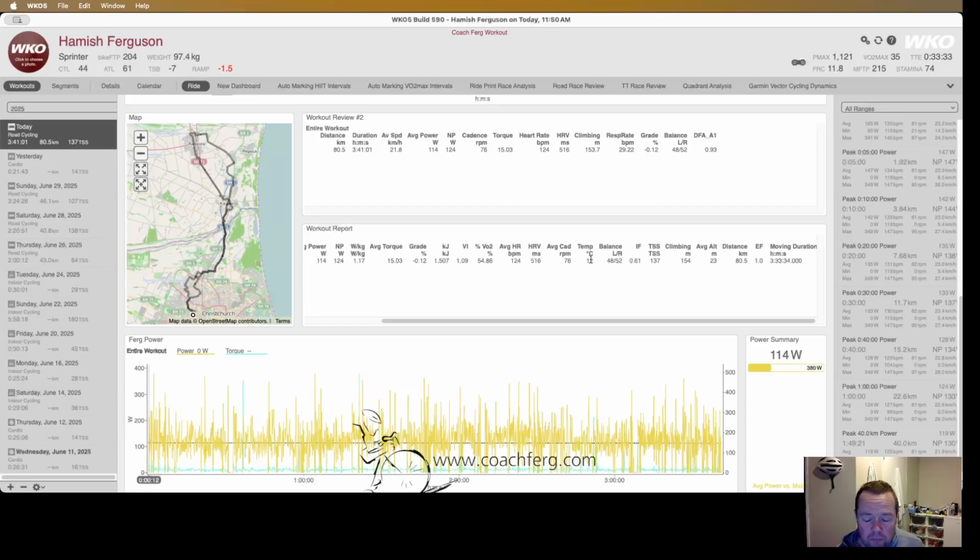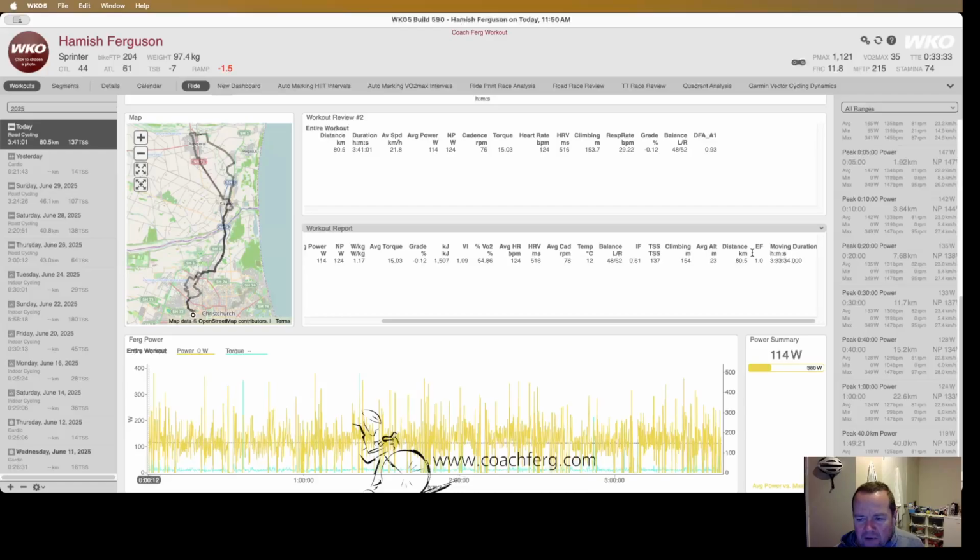Temperature built up to 12, so it was 8 for quite a bit of it that I was watching, but it did warm up later in the afternoon. Training stress score 137. Training stress score is normalised power times intensity factor squared. Again, the climbing, the average altitude in metres, distance 80.5 k's.